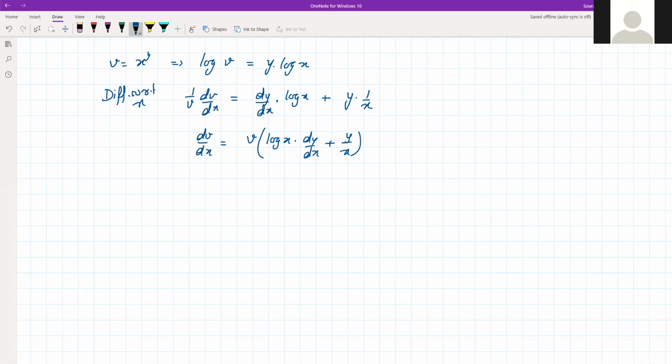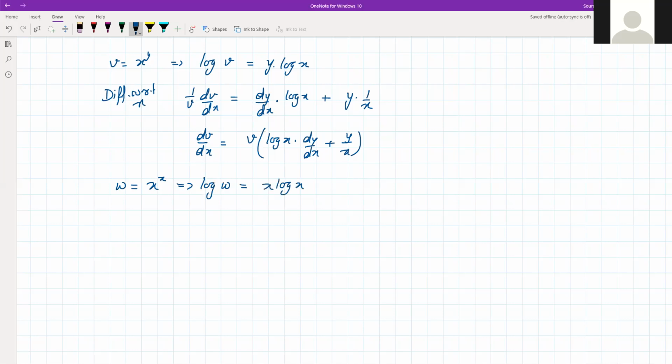So that is our dv by dx, that is v into y by x plus log x into dy by dx. Okay, same way our last function was w, and that was equal to x to the power x, right? If we take log on both sides, we'll have log w is equal to x log x.